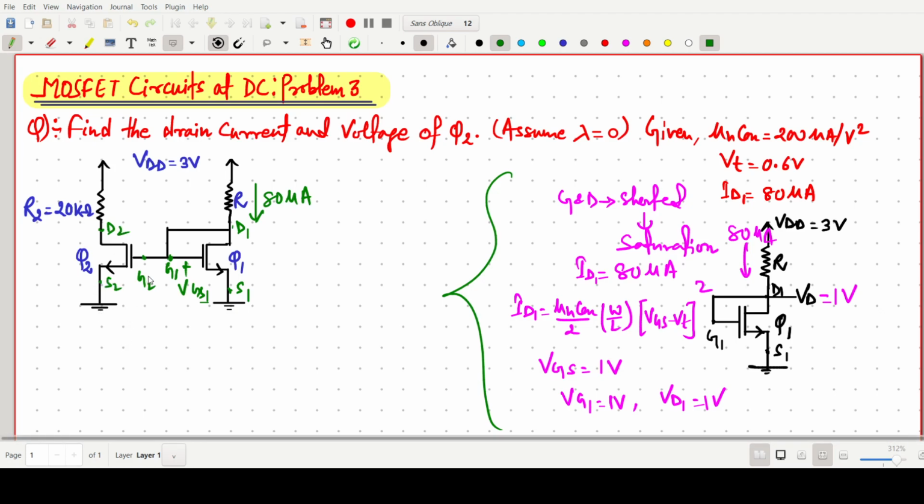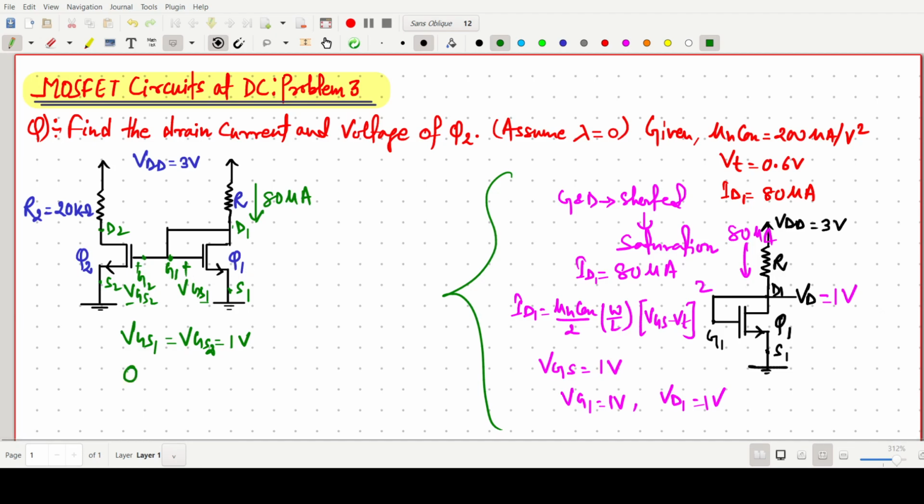Okay, so here this one is our VGS2. So here VGS1 is the same as that of VGS2. Okay, gate to source voltage will be the same, that is our 1 volt. Okay, clear? And this Q1 is in the saturation region.